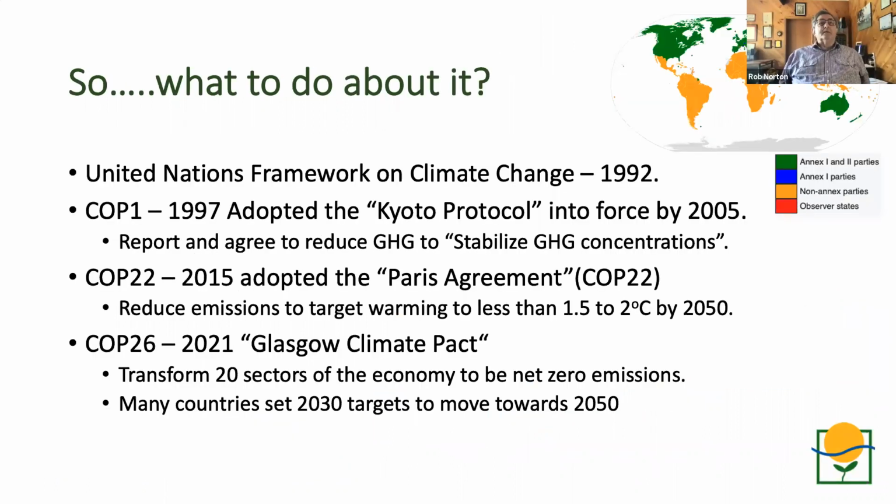So what can you do about it? Well, you can sit there and worry about it, but there are some international frameworks. The first was the UNFCCC, the United Nations Framework Convention on Climate Change, established in 1992. We've been trying to do something for 30 years now.